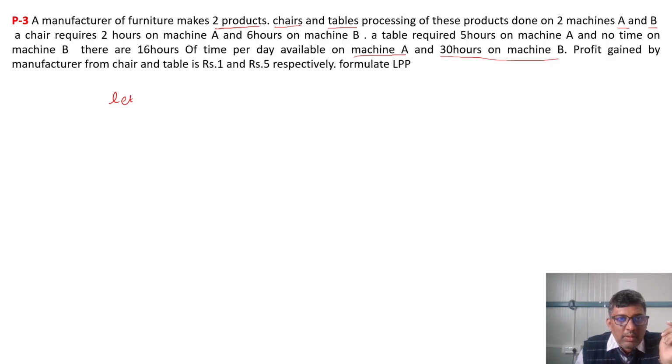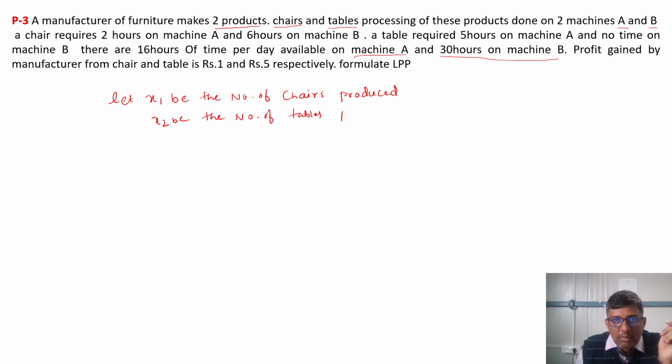Let x1 be the number of chairs produced and let x2 be the number of tables produced, right? So we got decision variables.